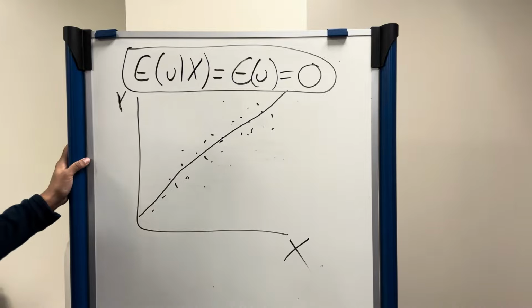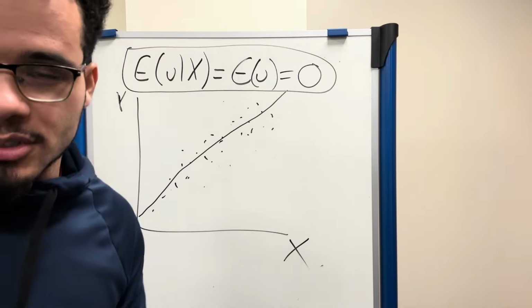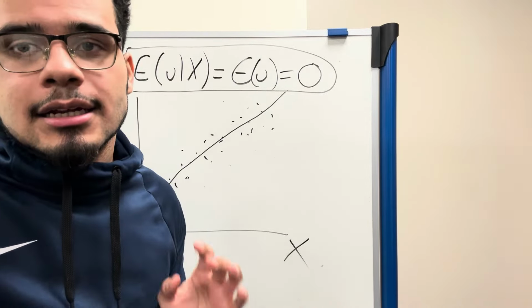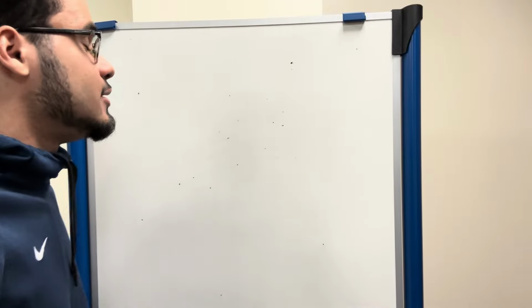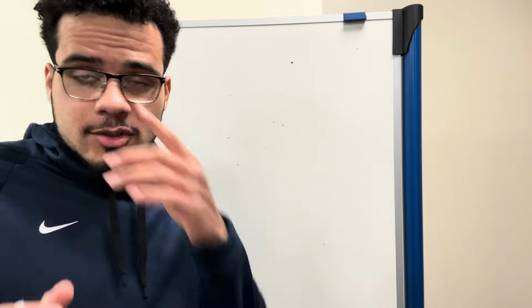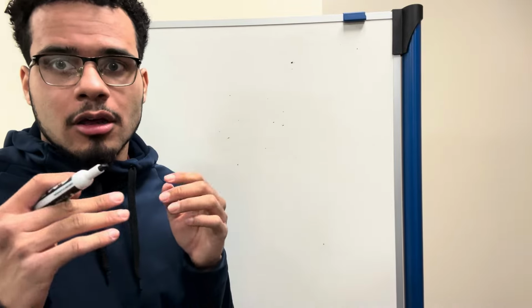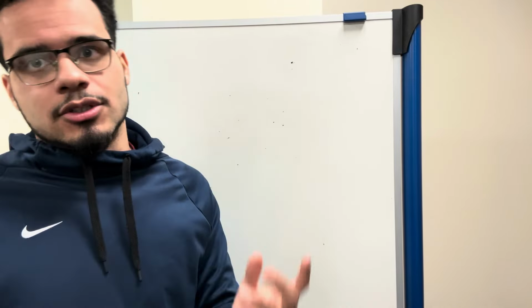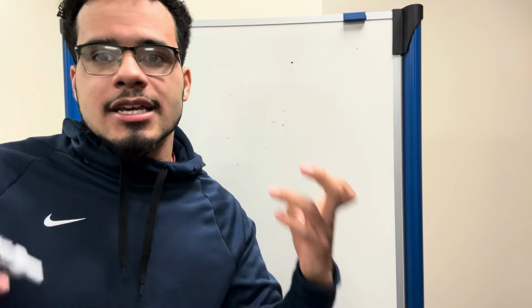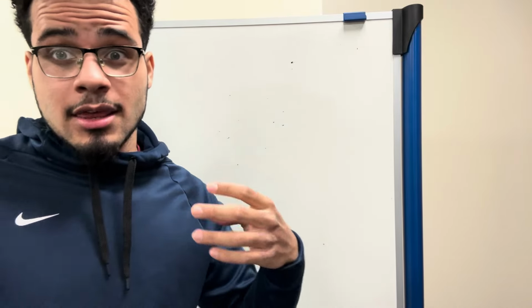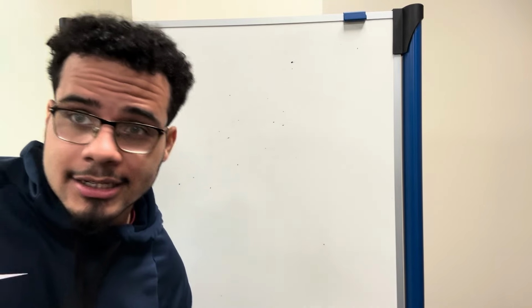These are some of the assumptions that we have so far, and now we can start with the model. The next part of the model is to leverage our assumptions. Remember, our assumptions are that the expected value of the unobservables equals the expected value of the unobservables given that schooling is known, which equals 0.